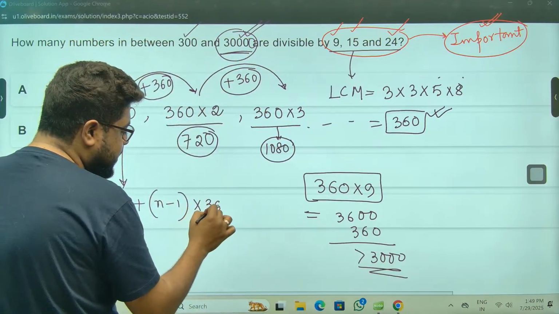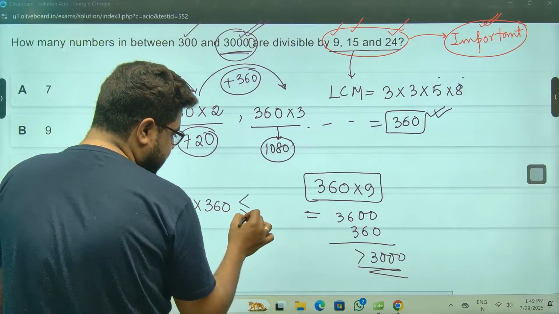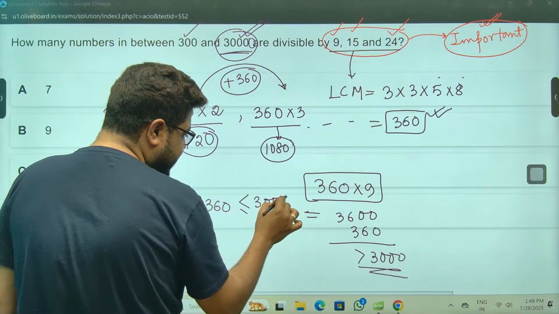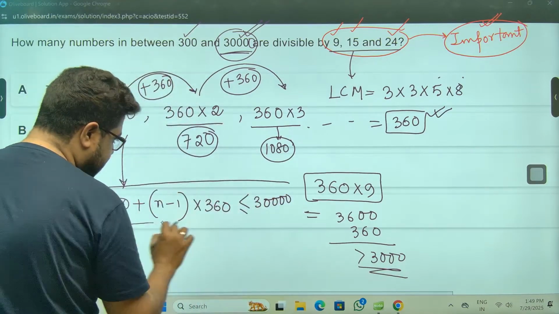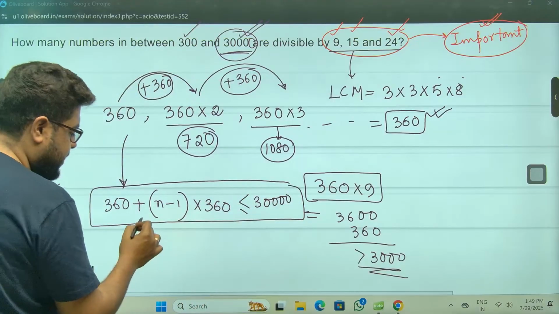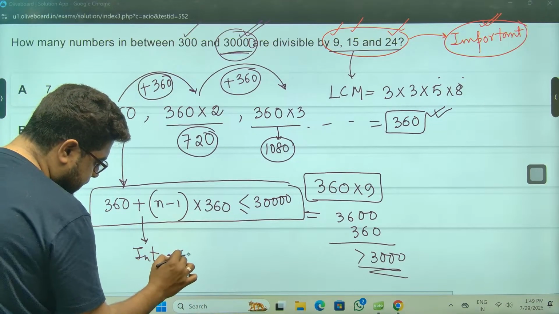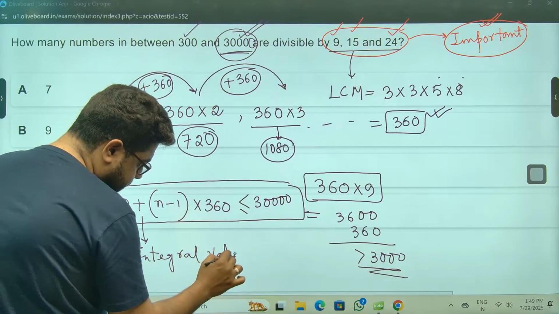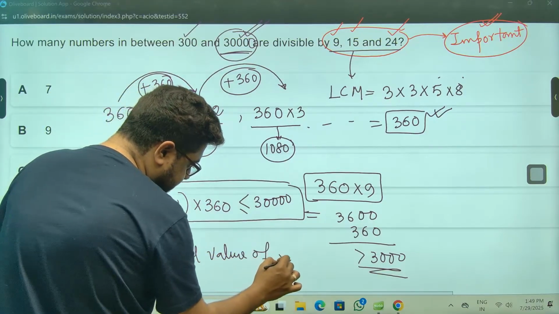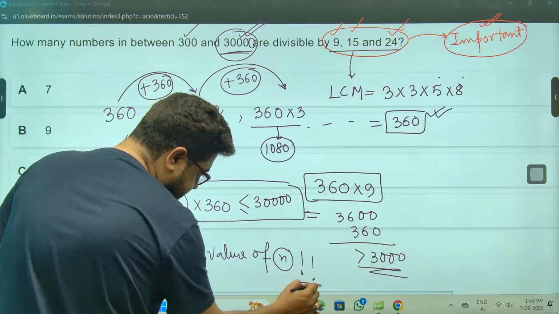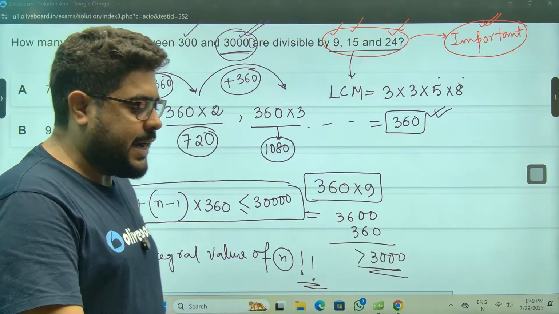D is also 360. That has to be less than or equal to 30,000. So from there, find the integral value of n. That will be your answer in that case.